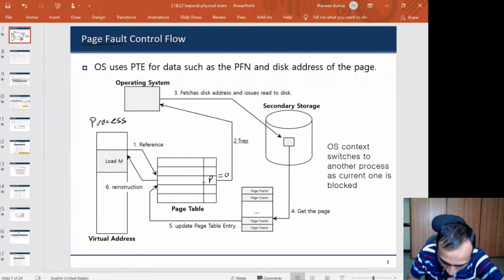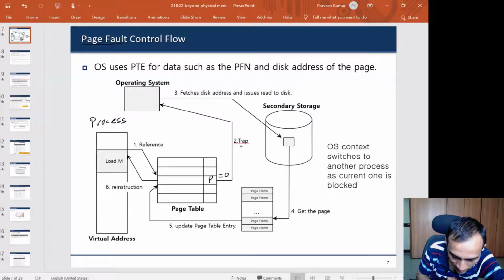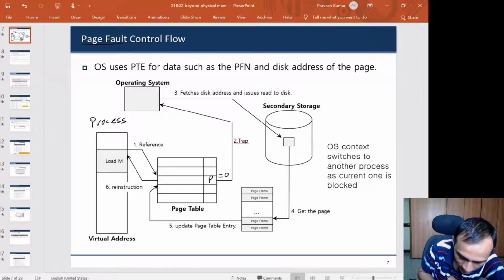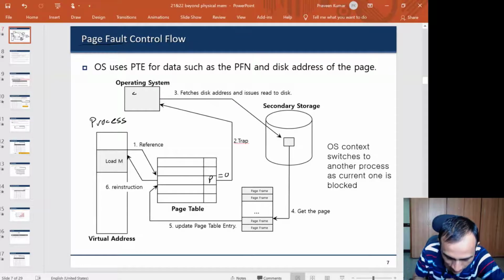Then the hardware will raise a trap, issue a trap instruction, and that trap will be handled by a trap handler in the operating system. That portion of the code will find the disk address from where the page has to be fetched from the swap space, and it will issue a read operation from the disk.